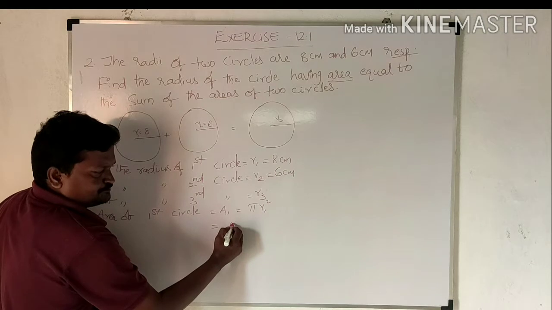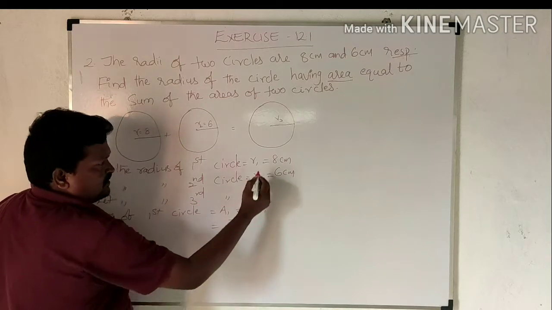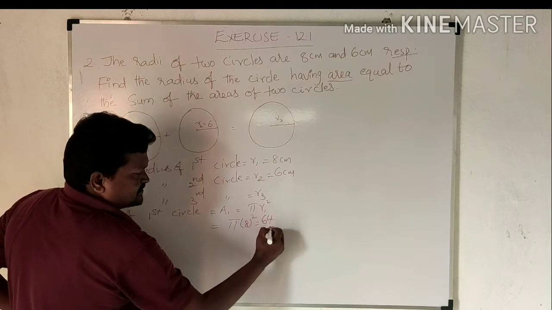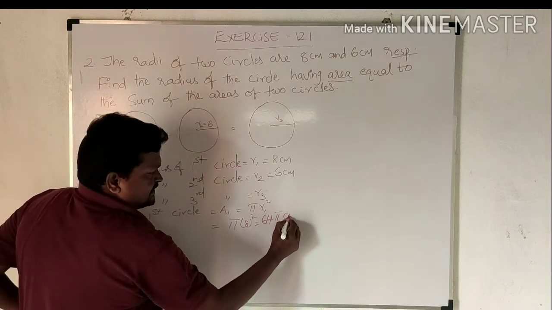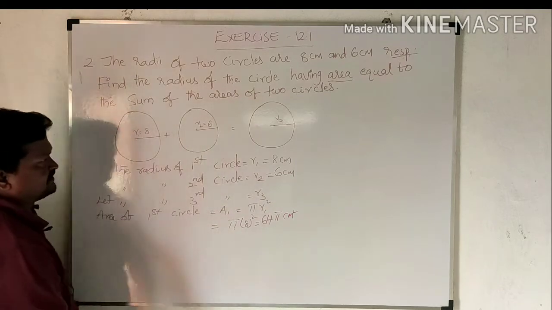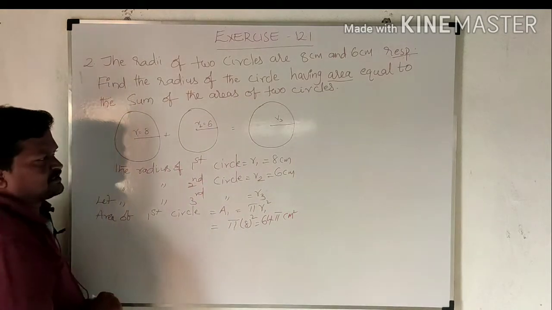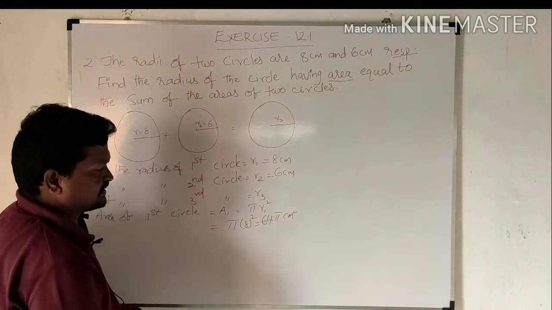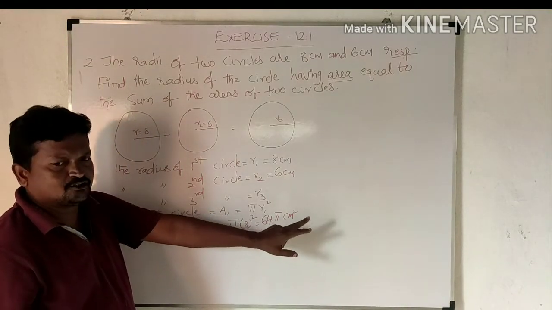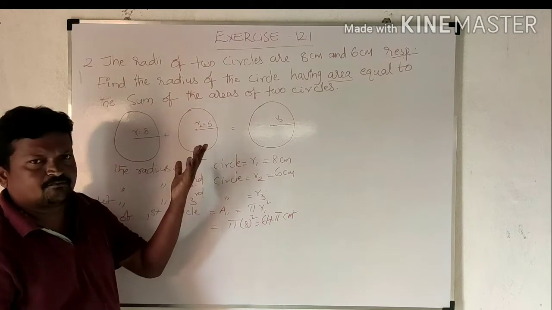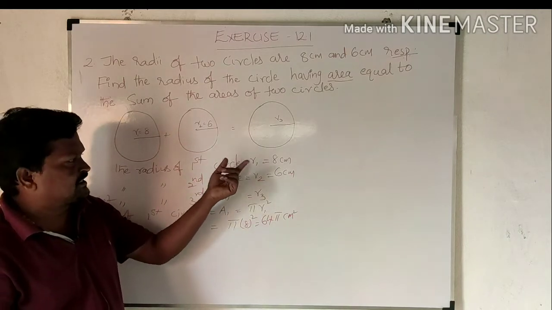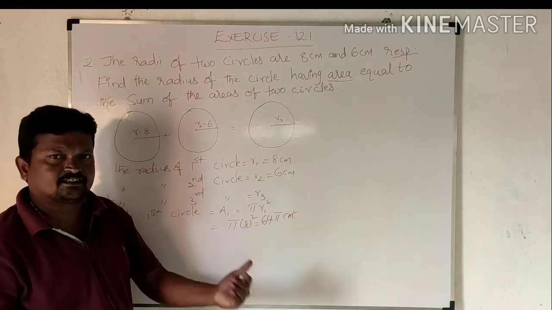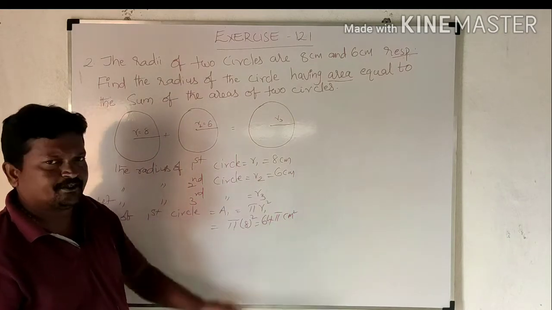So pi, what is R1? 8 square. 8 square means 64 pi centimeter squares. We know that here the radius is given in centimeters, then the area of the circle must be in centimeter squares. For circumference, if the radius is given in centimeters, we take the circumference also in the same unit, centimeters only.